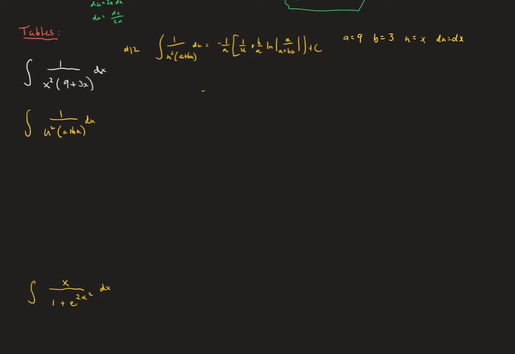So that's going to make our integral be, we want negative 1 over a, so that's going to be a negative 1/9, and we've got 1 over u, which is a 1 over x, plus b over a, which is 3 over 9, which is 1/3, times the natural log of the absolute value of u, which is our x, over 9 plus 3x, and then plus C. And I think that's going to be our answer.